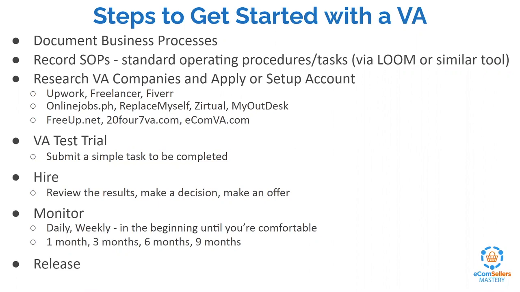And then once you figure out, okay, out of the 20 people that tried to do this task, or the 10 people, I think these 2 are the best, then you can review their results, make a decision, and make an offer on those people. When I say make an offer, some platforms require you to, like Online PH, for example, onlinejobs.ph.